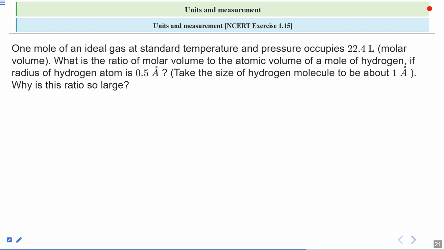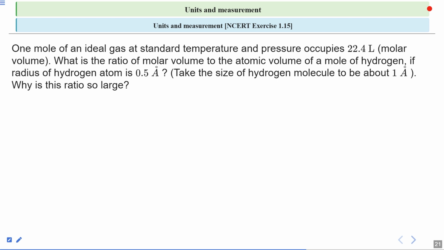So you guys read it one time yourself. In this question they haven't mentioned whether we have to find the ratio of molar volume to the atomic volume of hydrogen or the molecular volume.